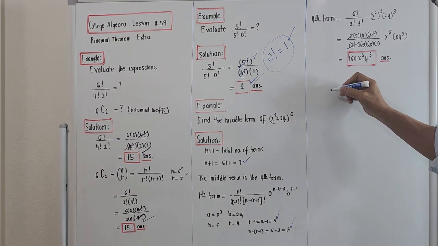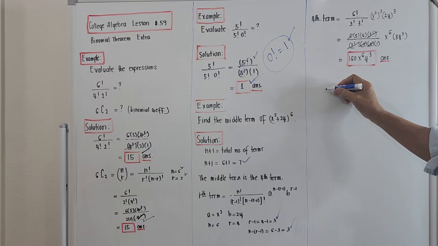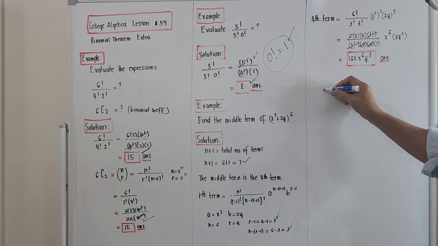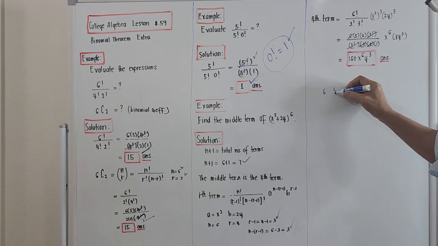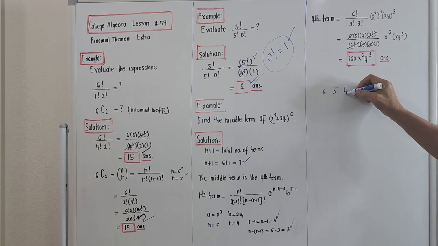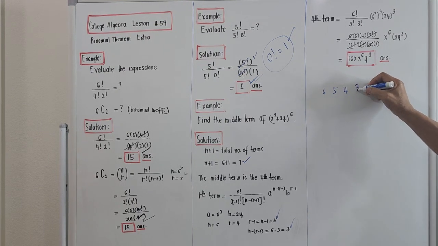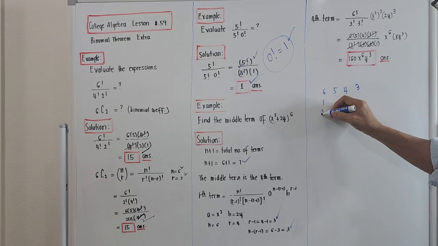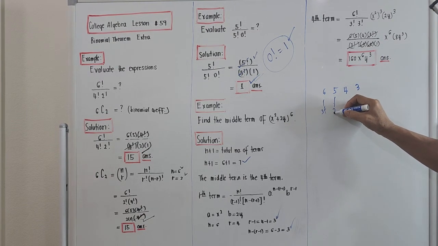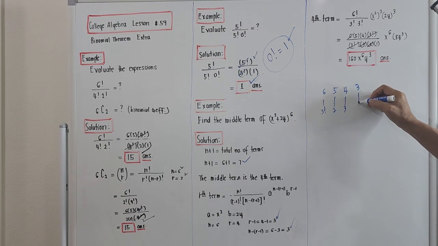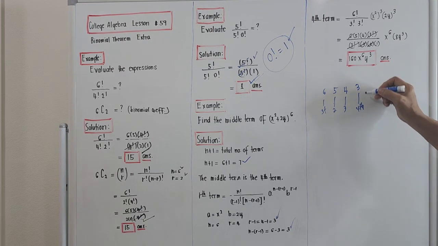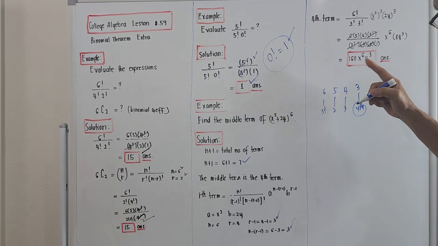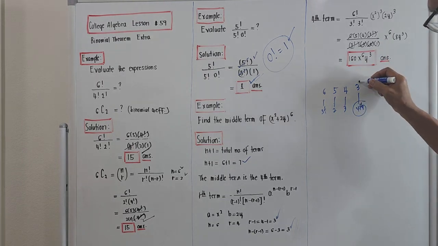The highest power of x starting on the first term is actually 6, right? 5, 4, 3. So this is the first term, this is the second term, third term, this is the fourth term. So meaning to say, for the fourth term, the exponent of the first term will be 3.